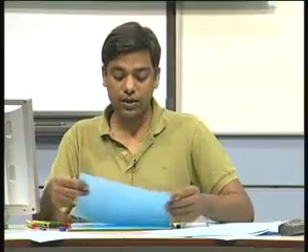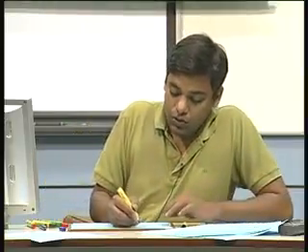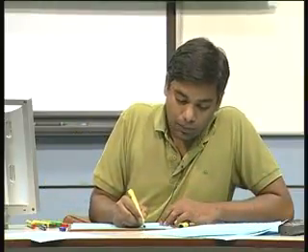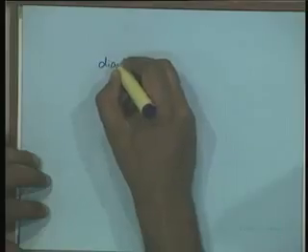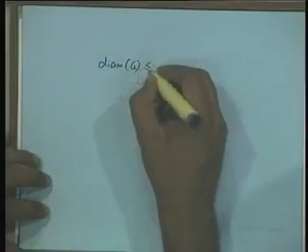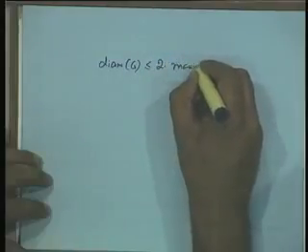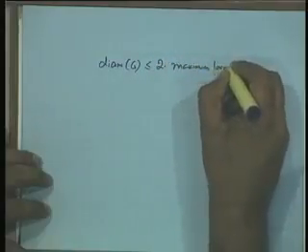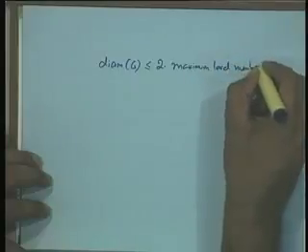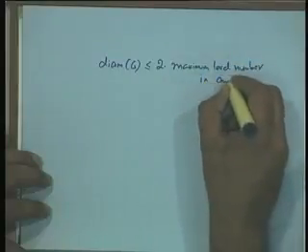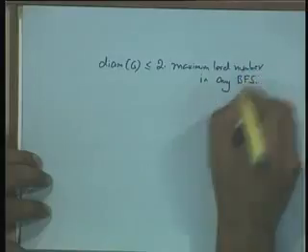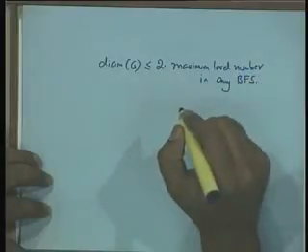So the diameter of the graph is less than or equal to 2 times the maximum level number in any breadth first search. You understand why?